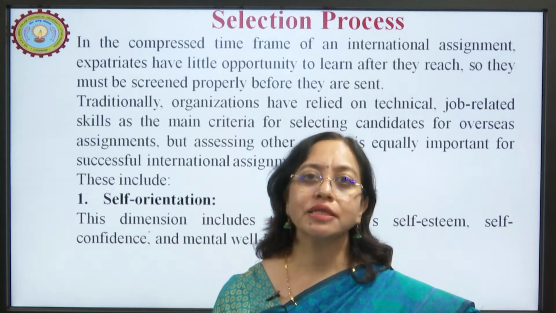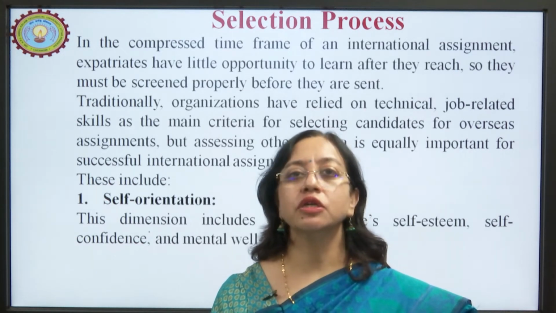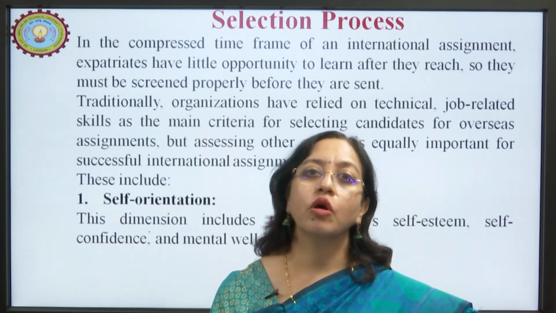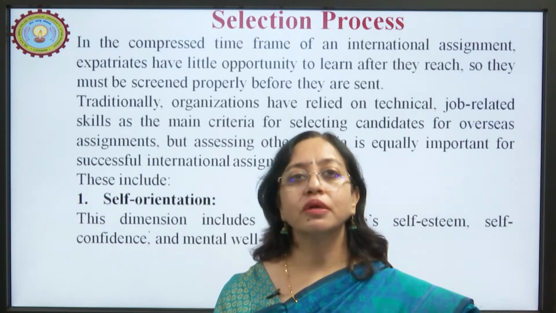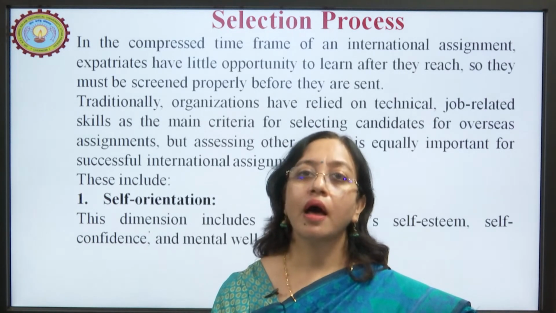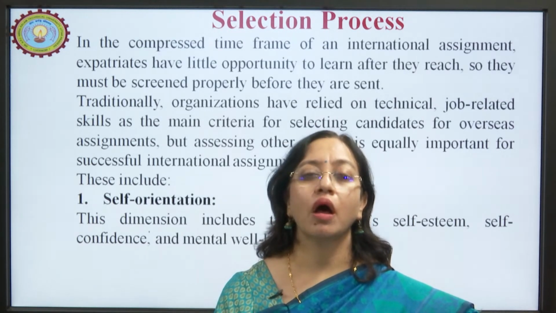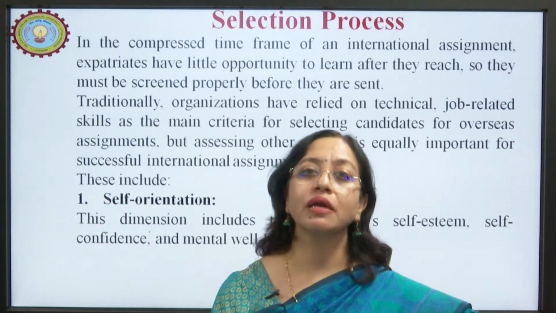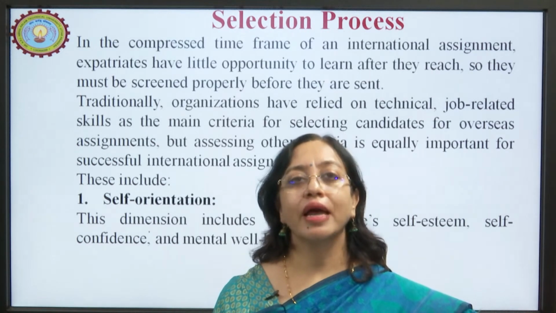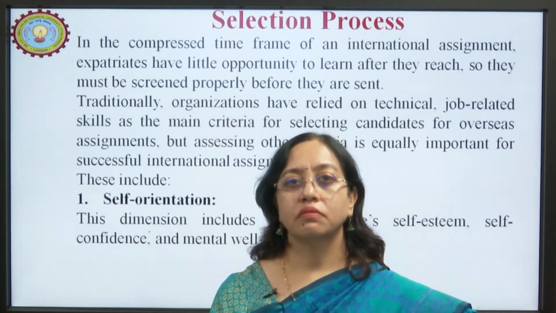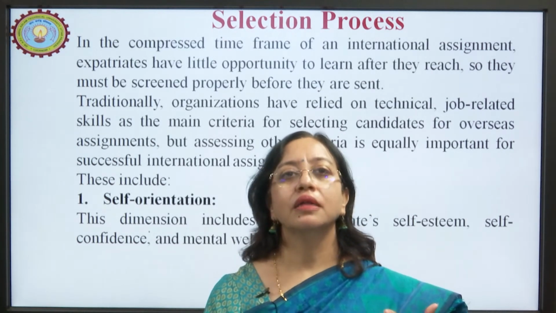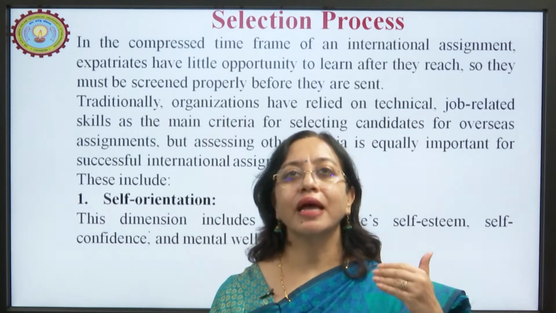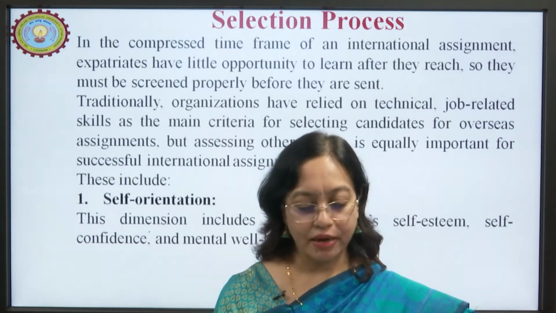To a large extent our ability to adapt to new things, or our ability to perform or learn new things, also depends upon how high my self esteem is, or how high my self confidence is, or how mentally strong the person is. So, an organization has to assess the degree of self orientation of the person before sending that person to an overseas assignment.